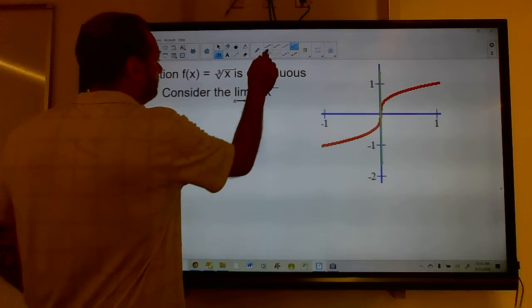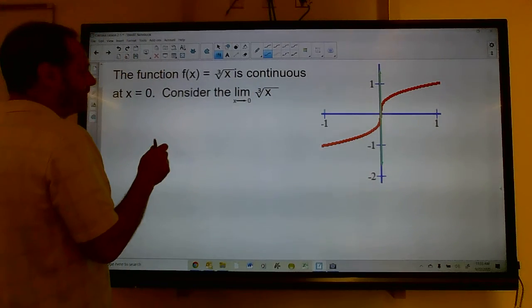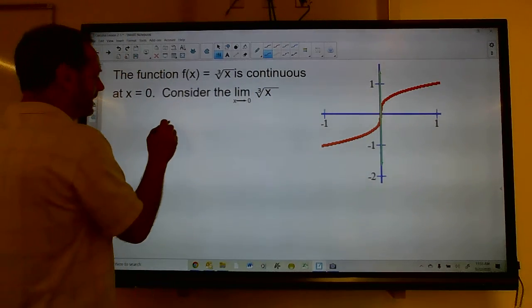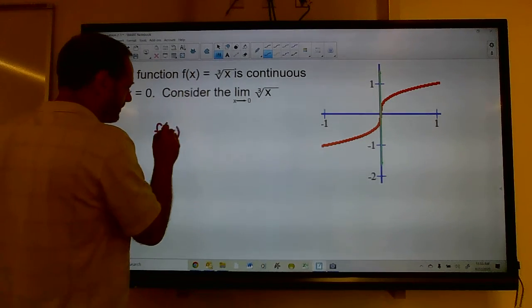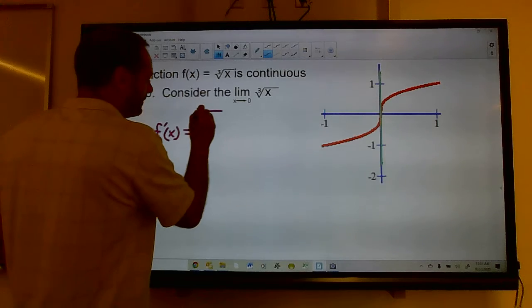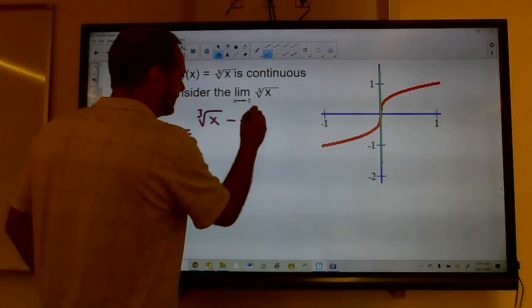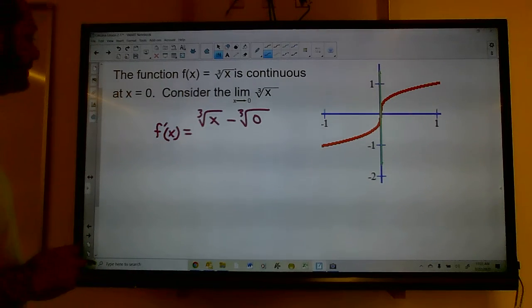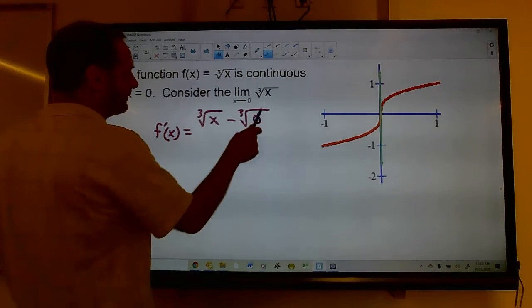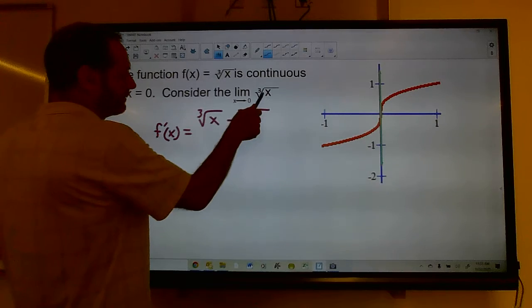So what we can do is we can take the cube root of x minus the cube root of 0, because that's going to be my y coordinates. Because if I plug in 0 in here, I get 0.